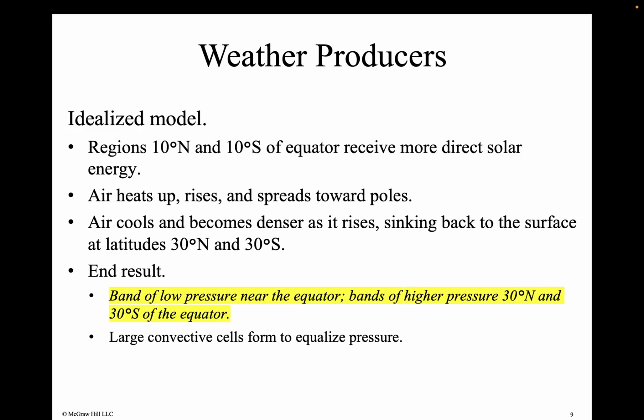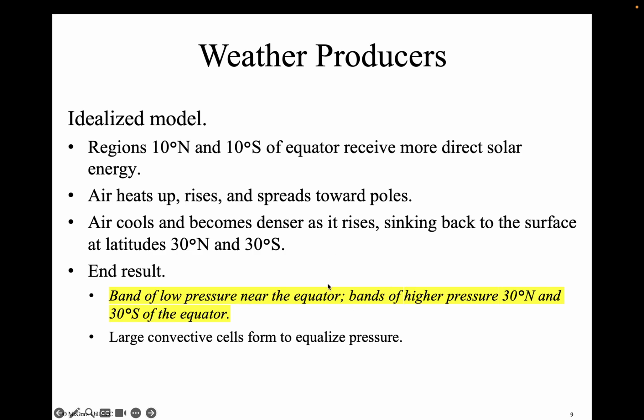Okay, but the end result of this cycling, let's put it as a circle because it's a convective cell, is that we're going to have a belt or band of low pressure around the equator, and that low pressure is because the warm air is rising.